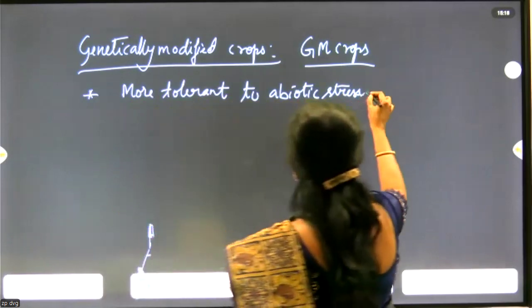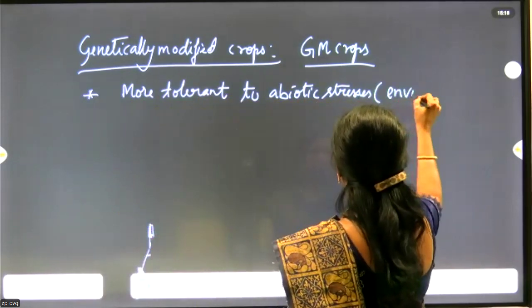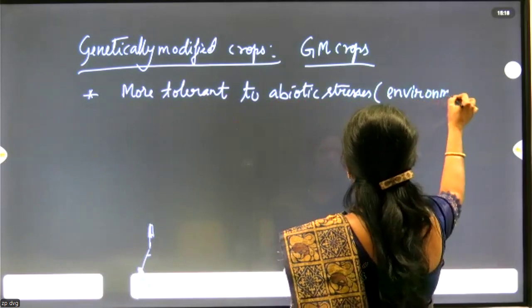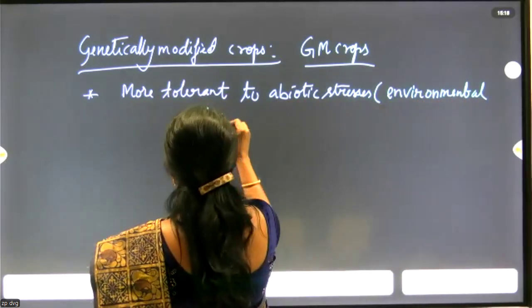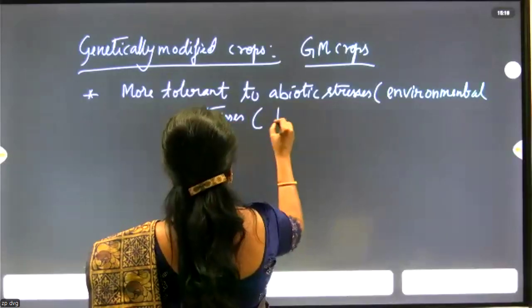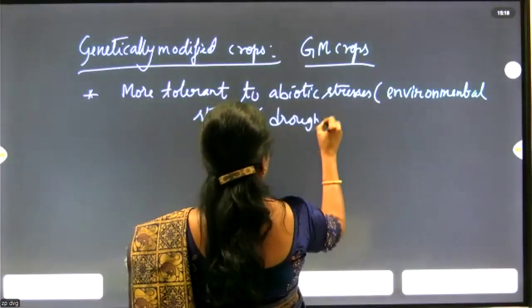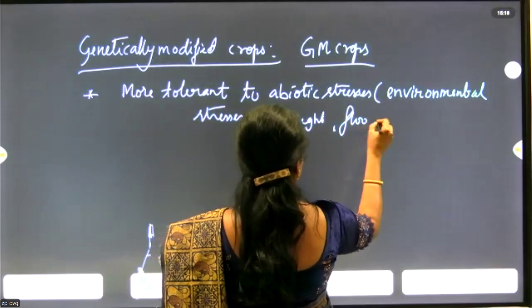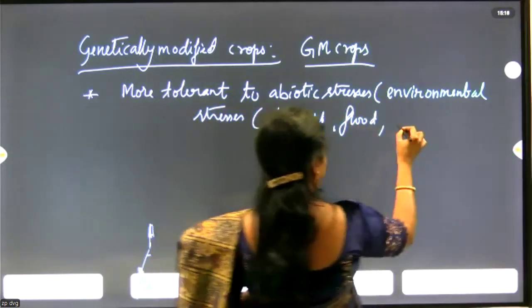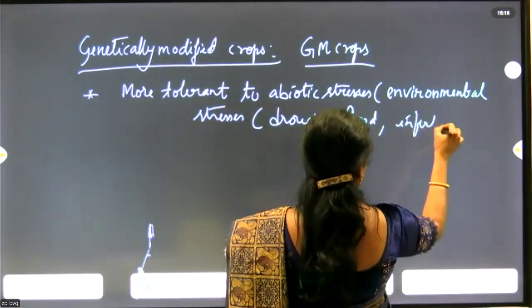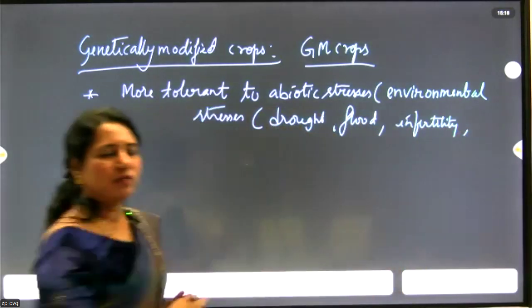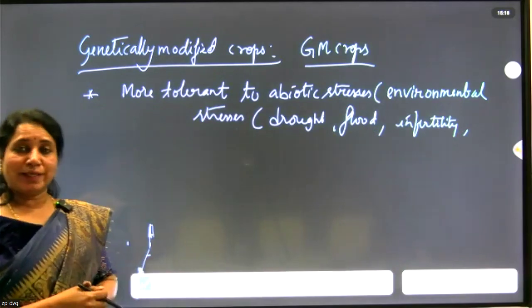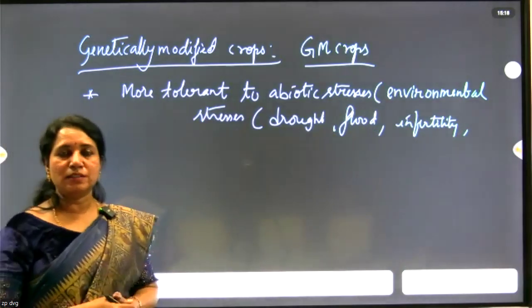So, what are abiotic stresses? These are environmental stresses, like drought or flood or infertility of soil, water scarcity. All these are environmental stresses. Still, they can survive.